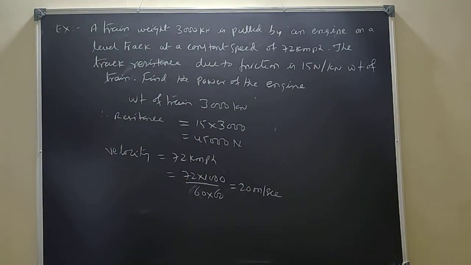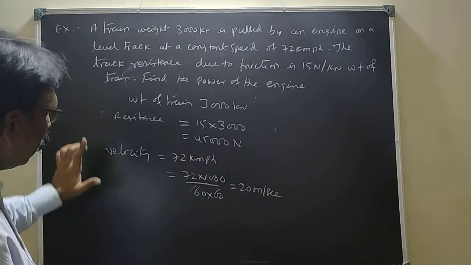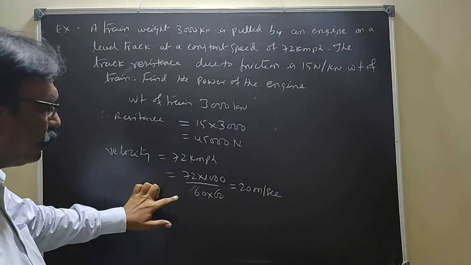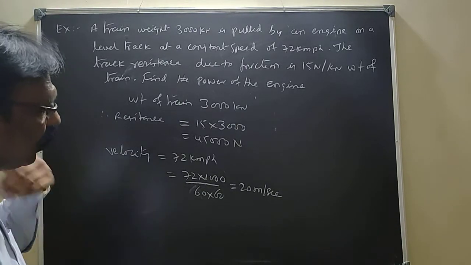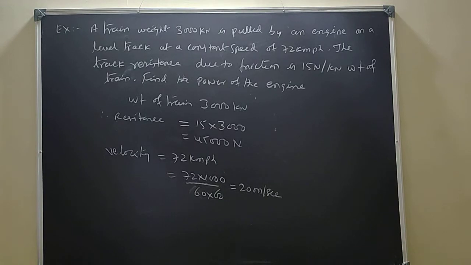Now the train has to overcome so much resistance and move with so much velocity. Then what is the power required in order to overcome this resistance and move with the same speed?